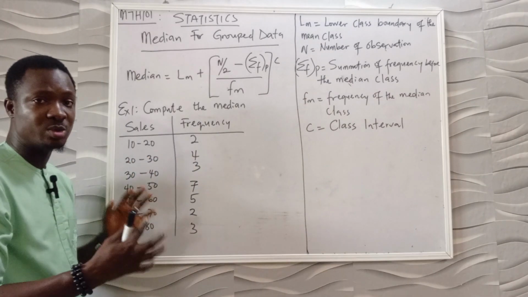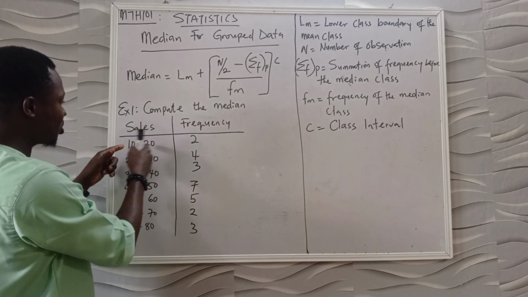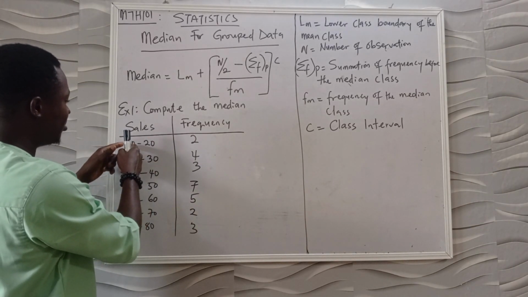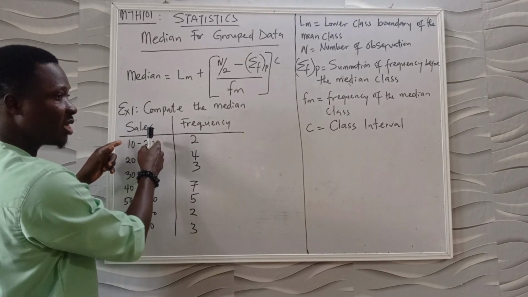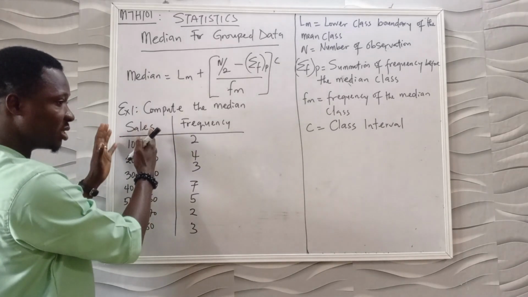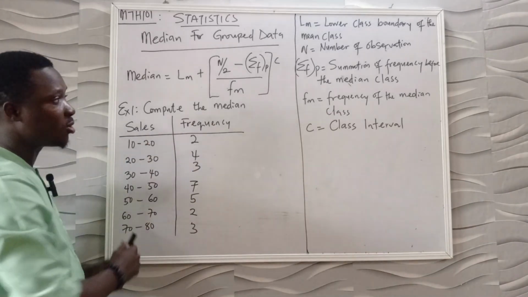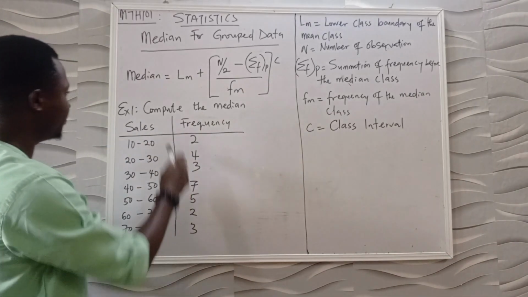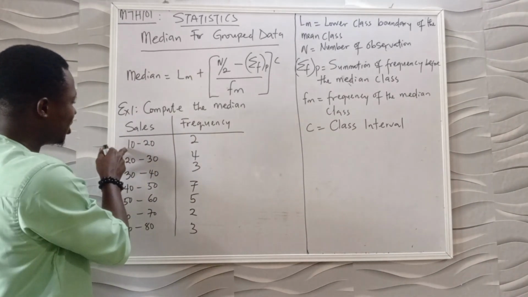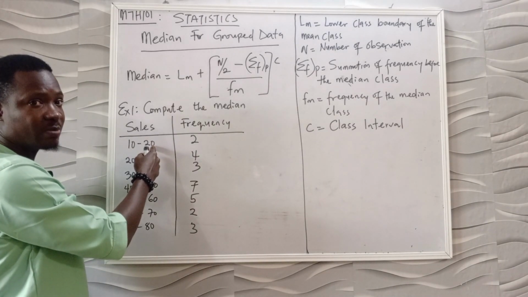That's why we call them grouped data. It's simply saying all the numbers between 10 and 20, we just grouped everything together. So this one is the lower class boundary and this is the upper class boundary.